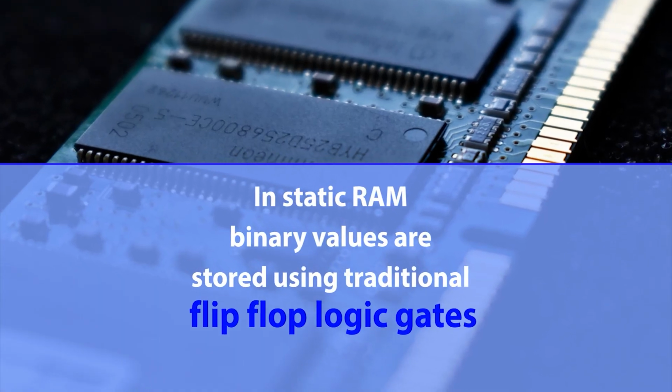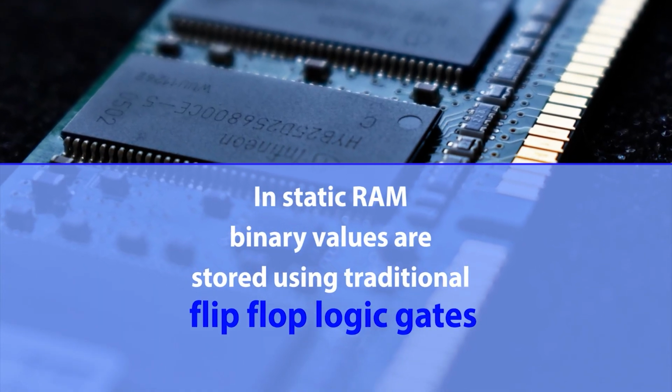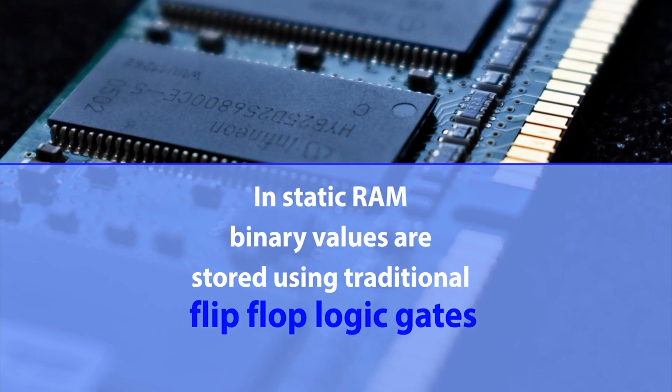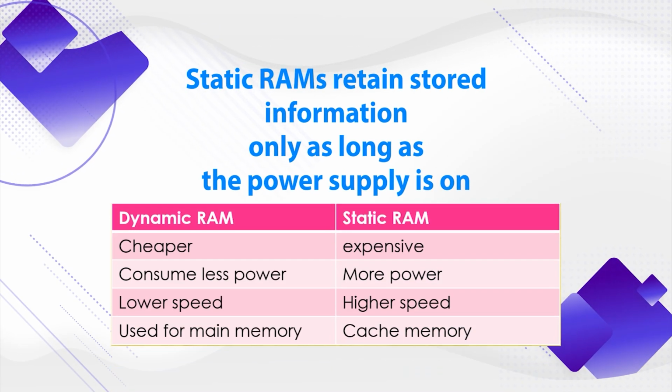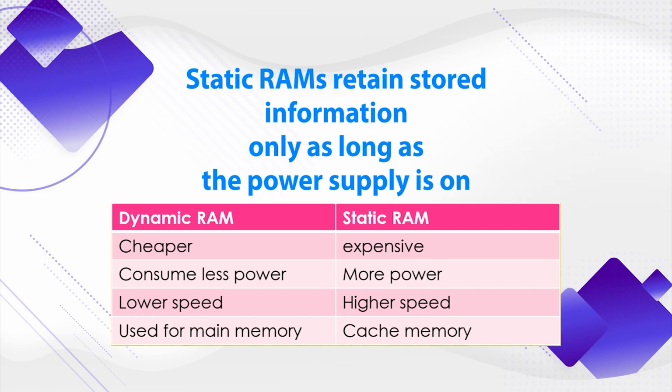But on the contrary, in static RAM the values are stored through traditional flip-flop logic gates, and there we have no concept of losing information because of charge leakage, because there are no capacitors, and we can store this information as long as the power supply is on.